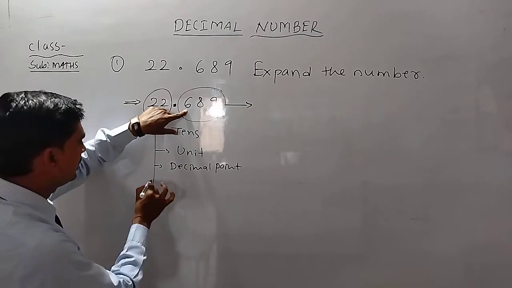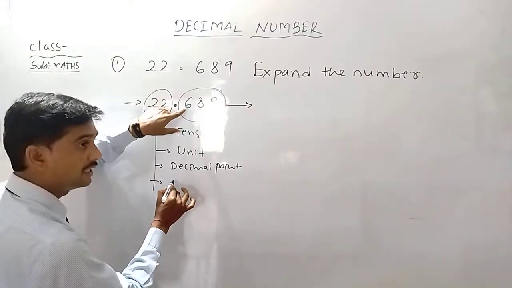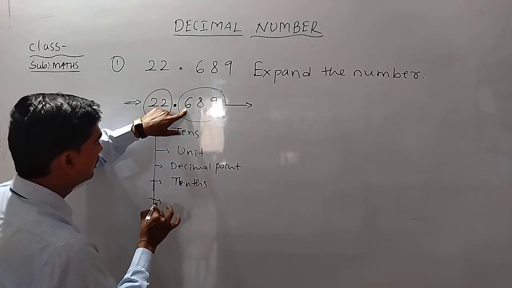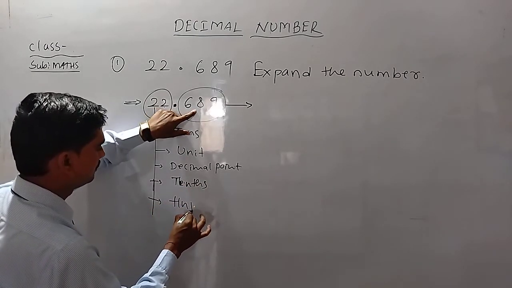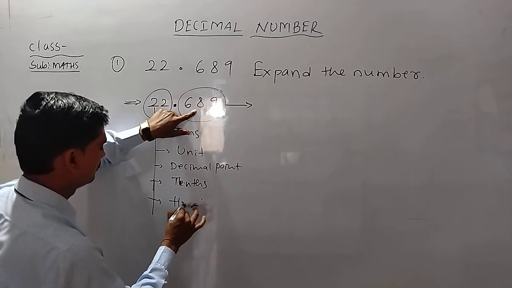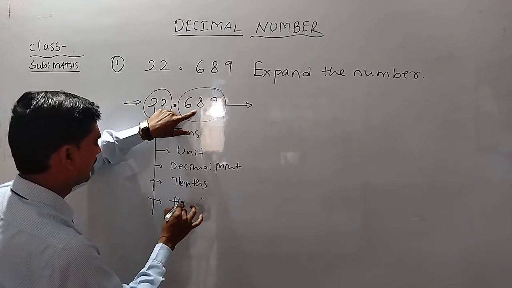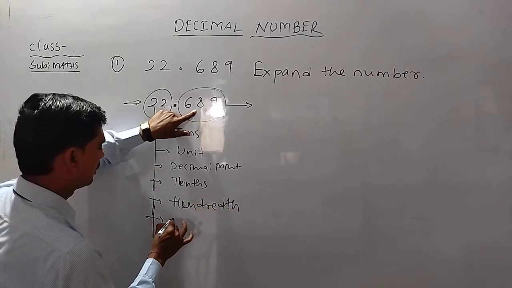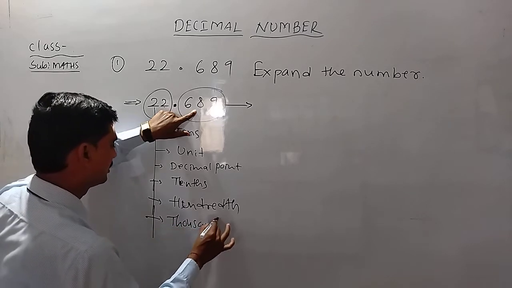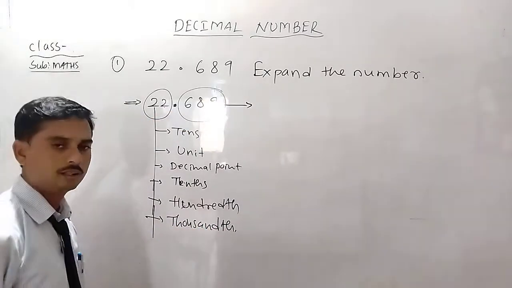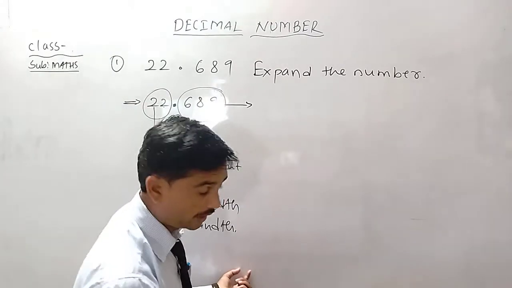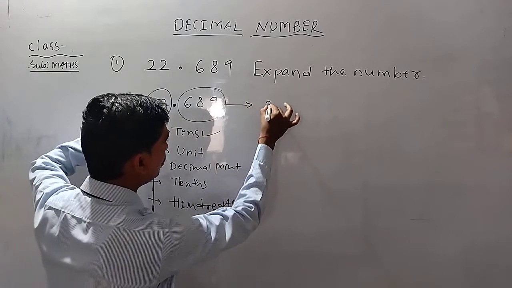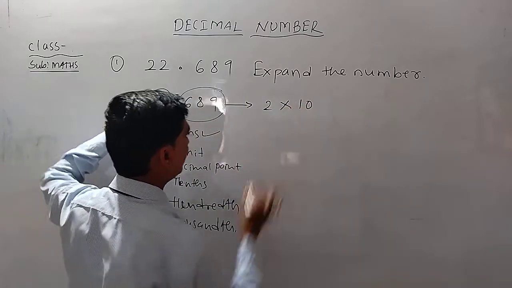Then 6, which place is it? Sir, tenths place. After that, it is the hundredths place, and after that the thousandths place. Yes, absolutely right. Remember, dear students, to have tens place, you should write here 2 into 10.